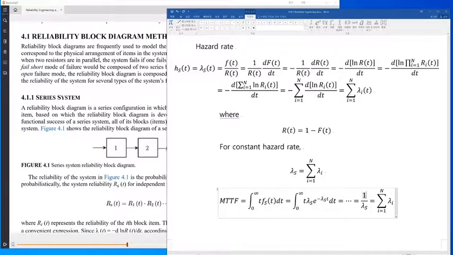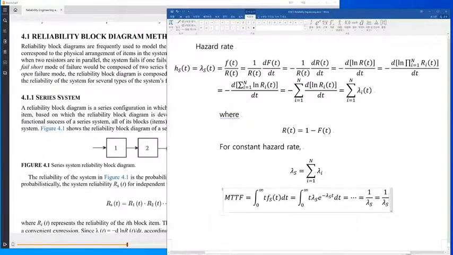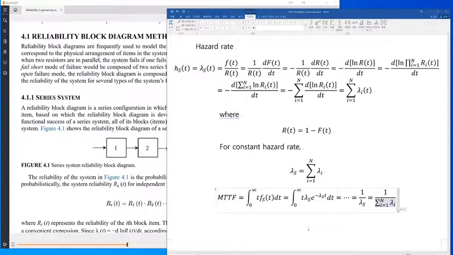So MTTF_s will be given as 1 over lambda s, and this is the same as 1 over the sum of all lambda i's, because lambda s is given as a sum of all lambda i's. So these are equation 4. So we just covered all the equations from 4.1 to 4.5.